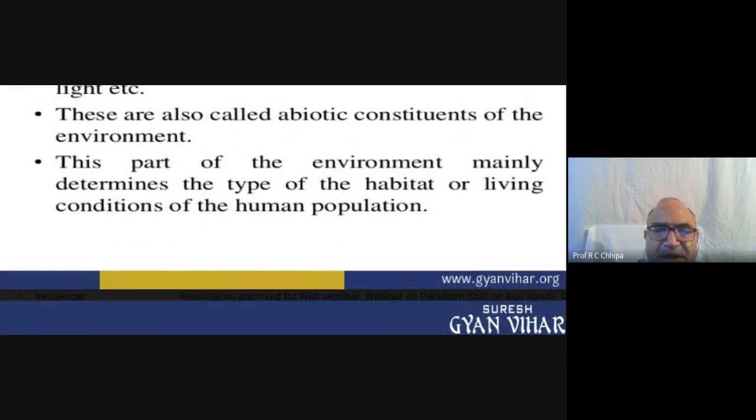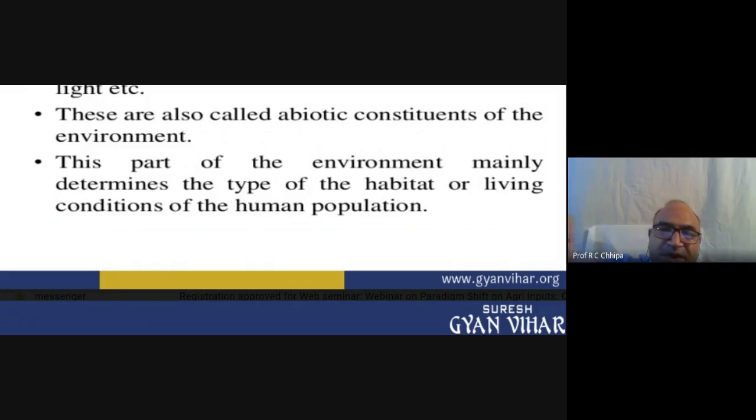So here the habitat type, whatever the certain areas are specific. In the case of the desert, and in the case of the sea, and around the sea, that is the coastal area. So the coastal area is also present in India.